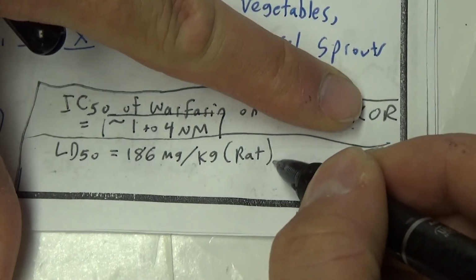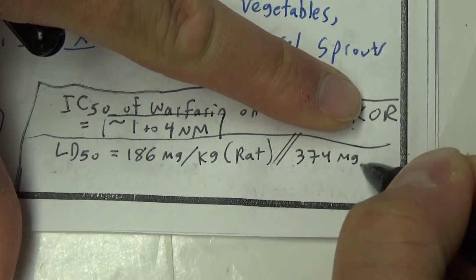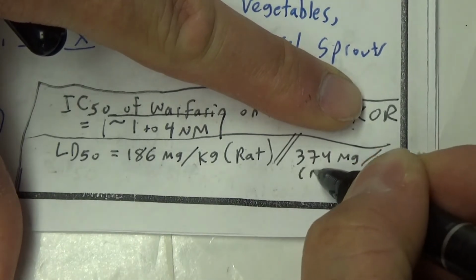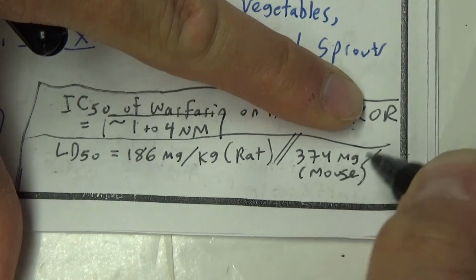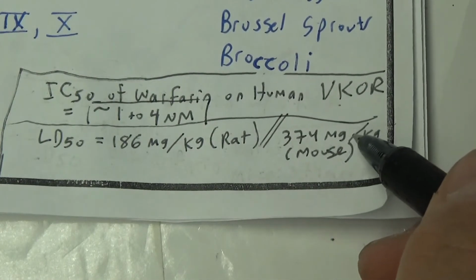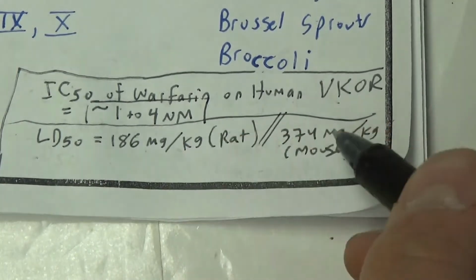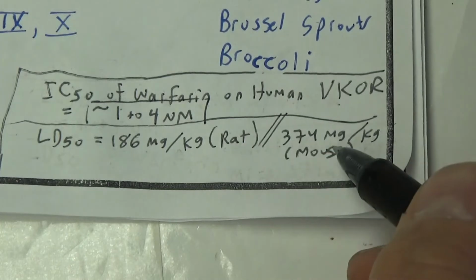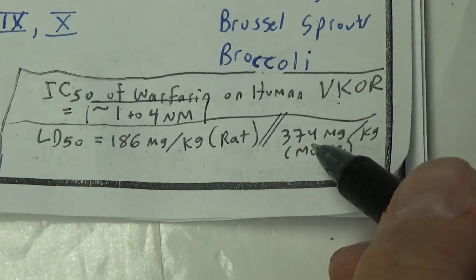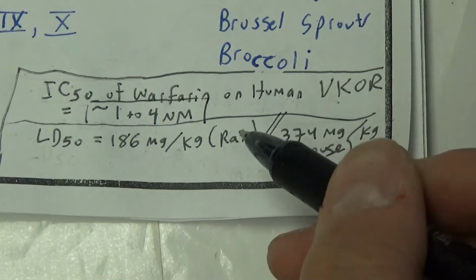So for a mouse, it's 374 mg per kg. We require more of a dose, and you could say these doses are pretty high even for a kilogram. That would suggest that it's actually a fairly non-toxic drug, and that is the case.